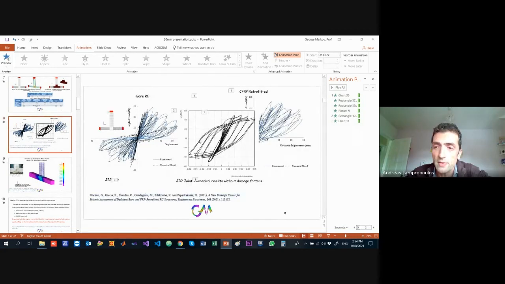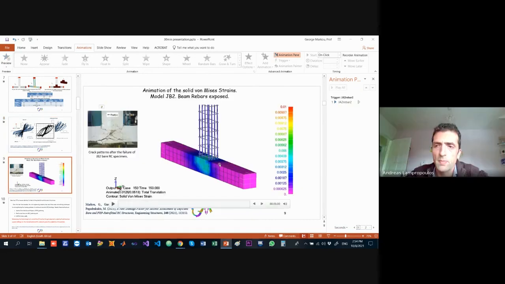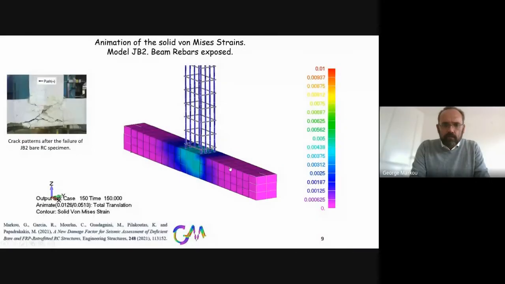So these damage factors take into consideration the bond between the concrete and the steel, right? In an indirect manner. Let's say we have a hexahedral element over here, right? So if you have a hexahedral element here, then there is this rebar which is embedded within this.